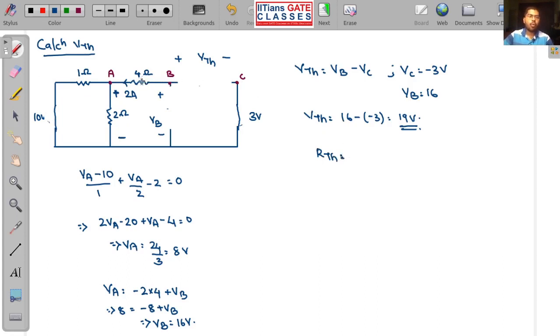This 4 ohm is in series with combination of 1 ohm parallel with 2. So that is 4 plus 2 by 3. So 12 to 14 by 3 ohm. So 14 by 3 ohm is the RTH you are getting.